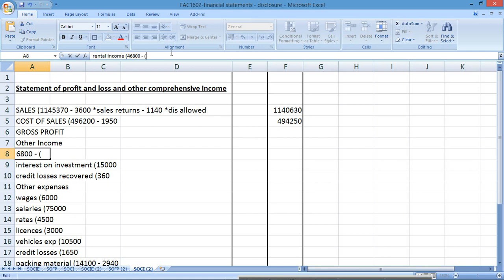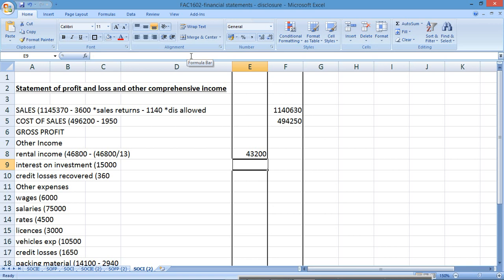The 46,800 is representing how many months? 13 months. I'm going to subtract 1 month's worth of rent income because I only have to show 12 months exactly. So that is 43,200. Final answer.